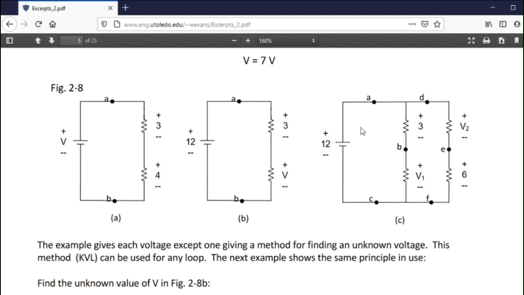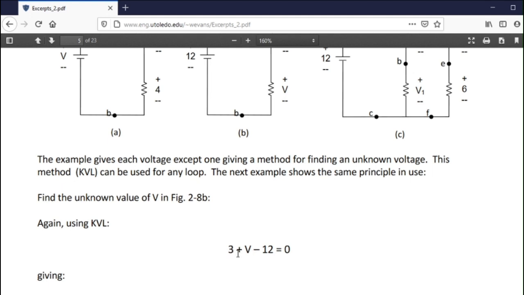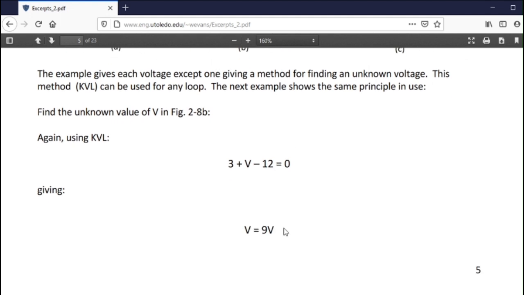So basically, they ask, find the unknown voltages of this. First of all, I want to find the unknown voltages of this one. Here, I come around from A, plus 3 plus V minus 12 equals 0. 3 plus V minus 12 equals 0. V equals 9.